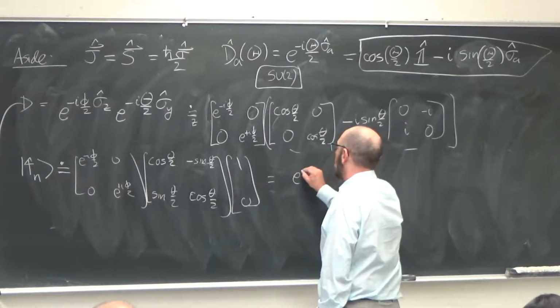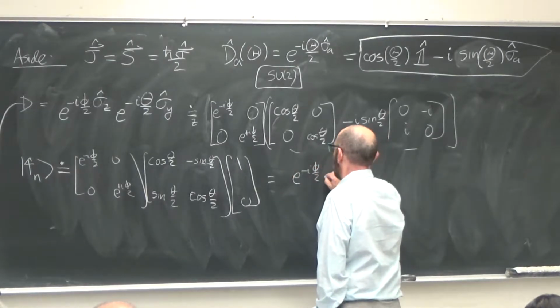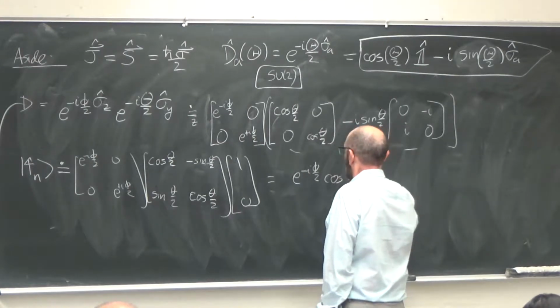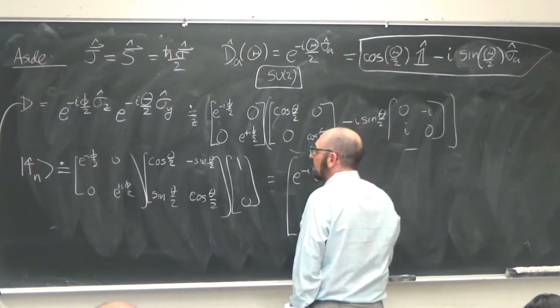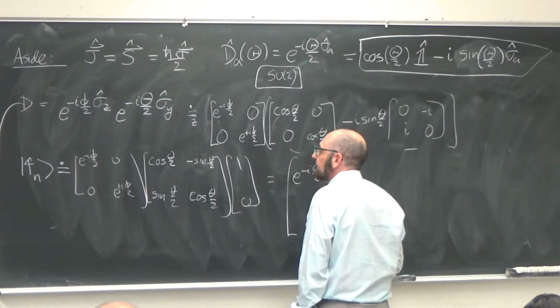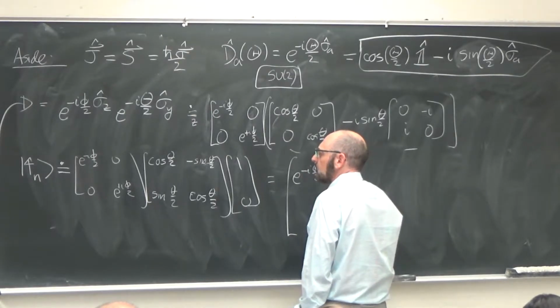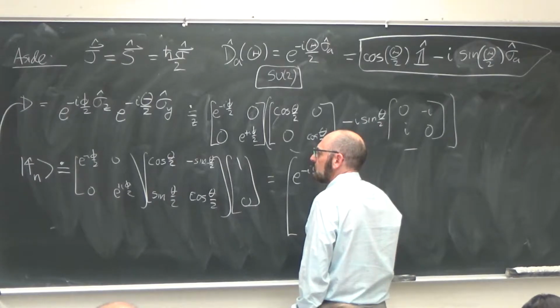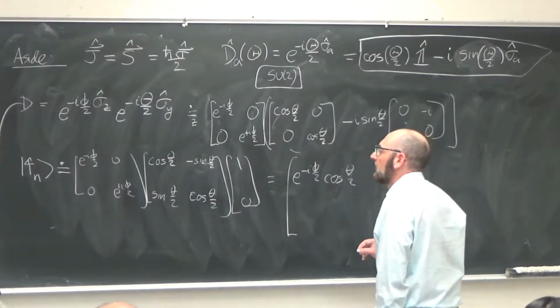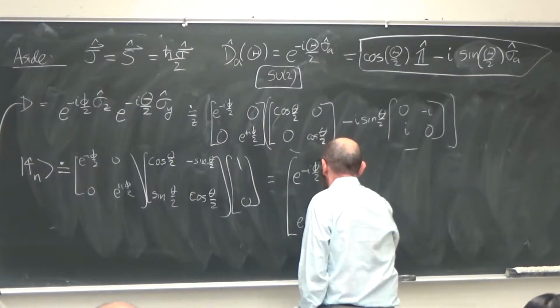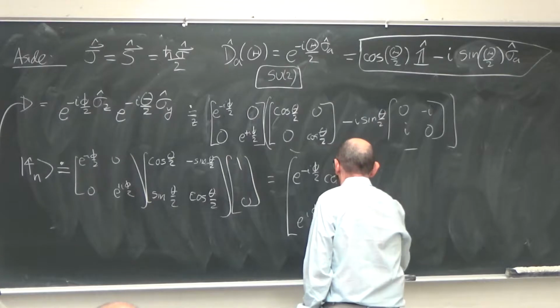I have e to the minus i phi over 2 cos theta over 2 and e to the i phi over 2 sine theta over 2.